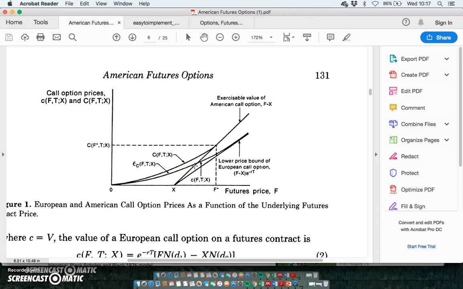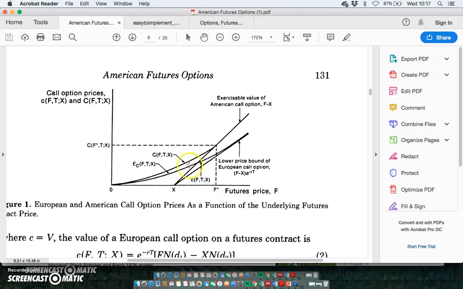Think of this as the American option, the capital C pointing at this parabola, which is higher than the European option, the lowercase c. The European parabola generated by Barone-Adesi-Whaley is inferior.